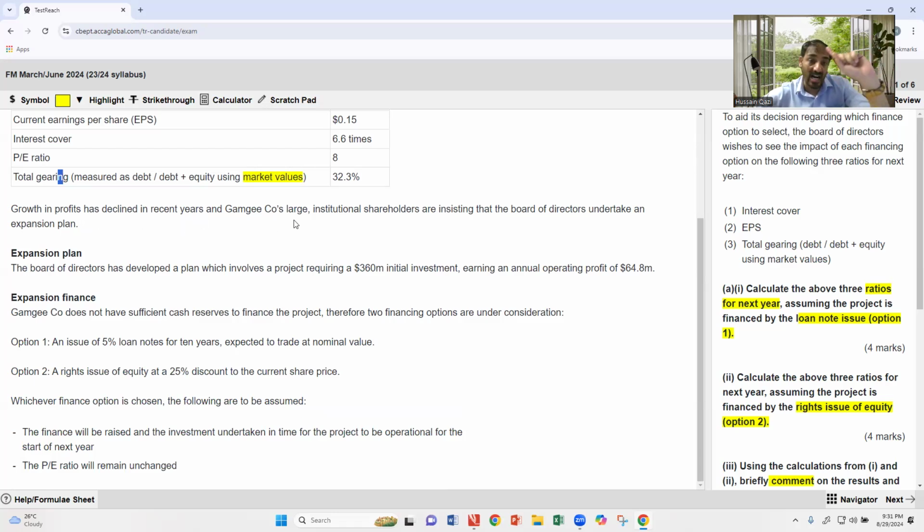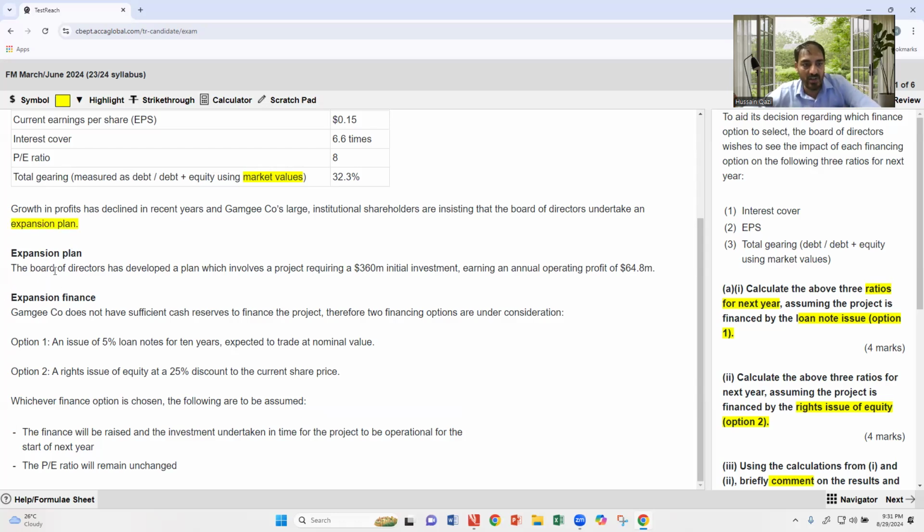Gamgee's large institutional shareholders are insisting that the board of directors undertake an expansion plan. Okay, so that means some investment, so definitely they require some finance. Till now we have observed that this question is about business finance.